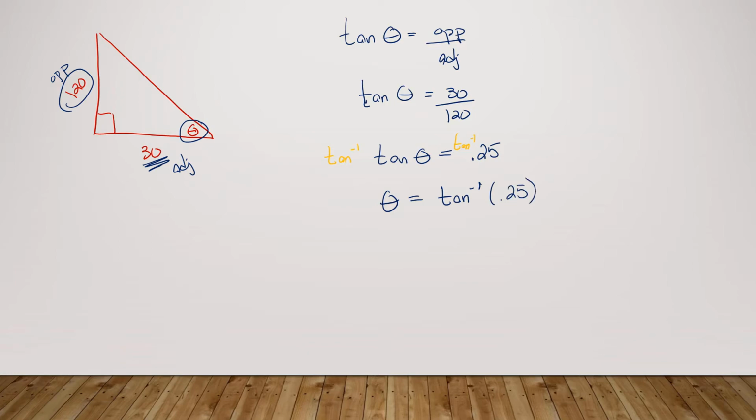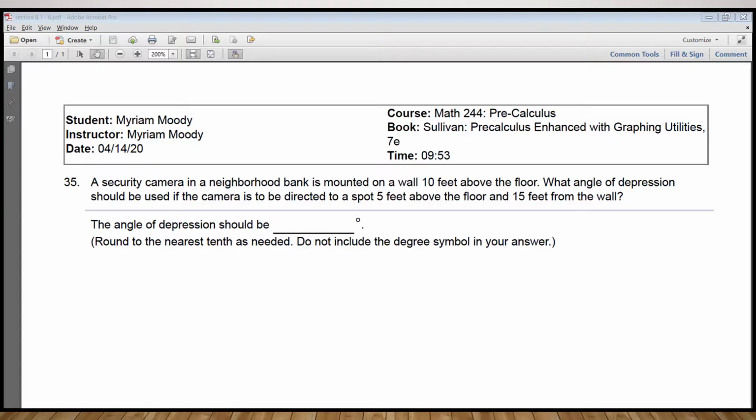Please make certain your calculator is in degree mode, because if it's not in degree mode, you're not going to get the same answer I'm getting or your neighbor is getting. I end up with theta being approximately 14.0 degrees. What do you think? Do you agree with me? Loving it. Okay, let's see what else we got.